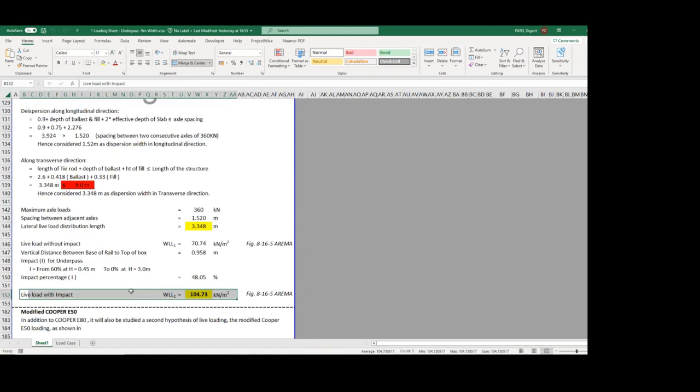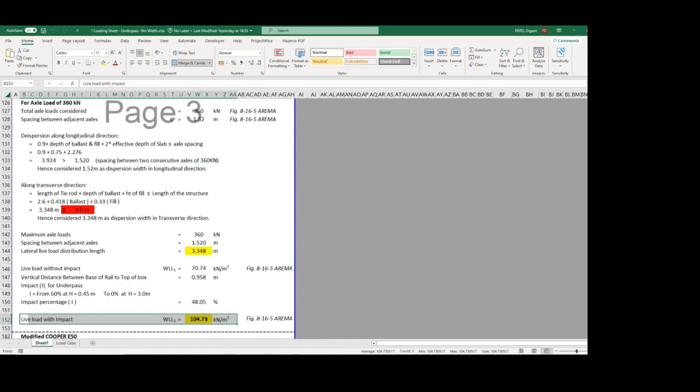Now this is for a single track only, for structures having a single track. In Tanzania Lot 6, almost all the structures are single track, except at station locations, passing loops or intersections, where there may be chances of having more tracks. Other than this, there is a single track only.